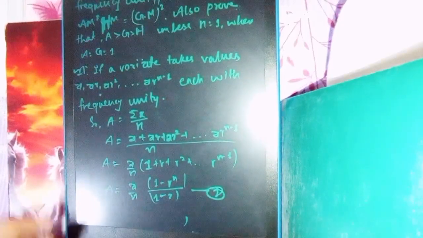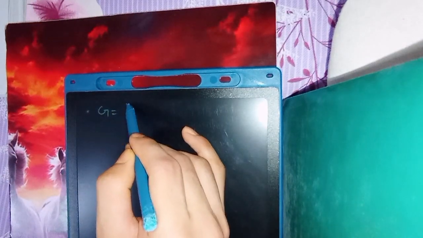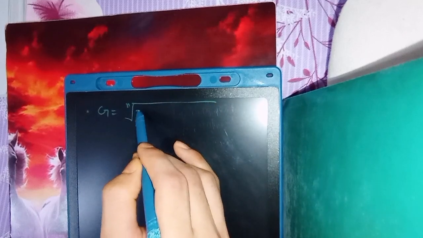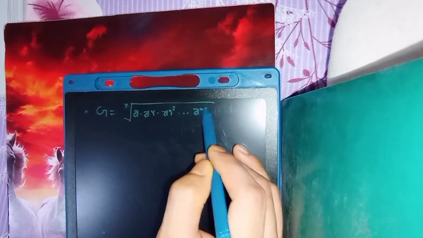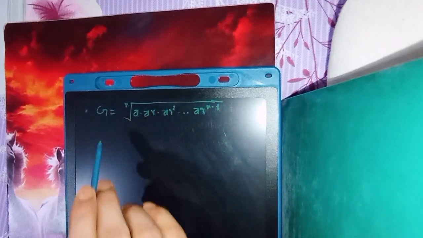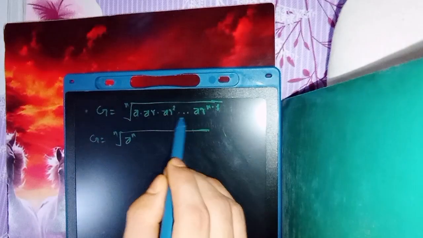Now another thing: G means geometric mean, which is equal to the nth root of the product of the given terms, a, ar, ar square up to ar power n minus 1. That's the formula of geometric mean. So G will be equal to the nth root of a power n, since how many a's are here?